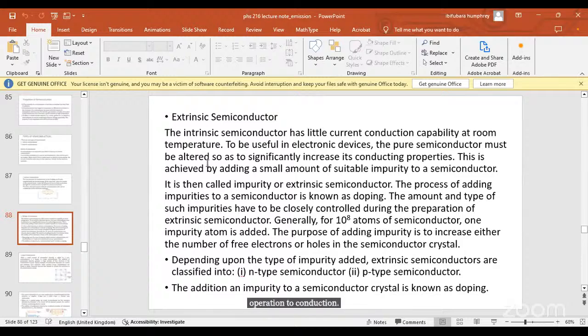And because it is an electron, the semiconductor that is formed with group 5 elements is referred to as an N-type semiconductor.